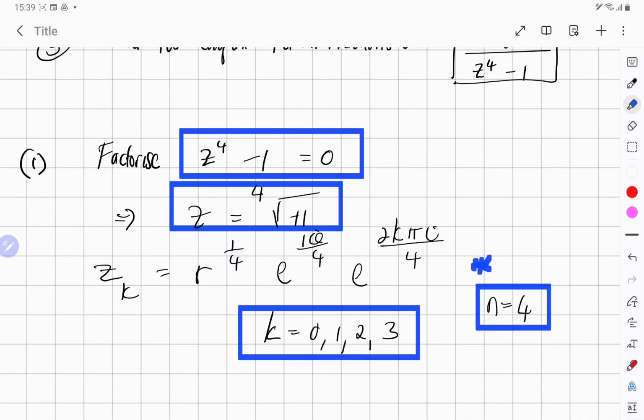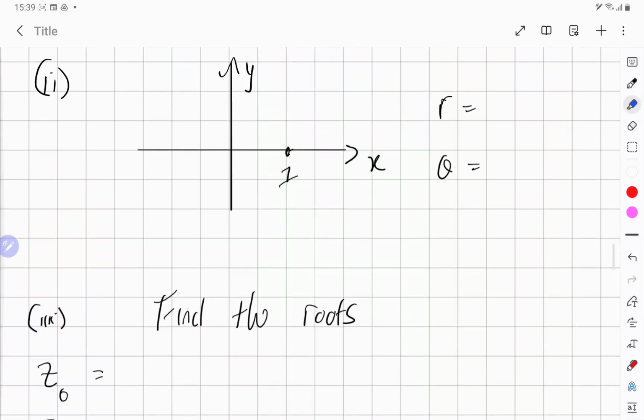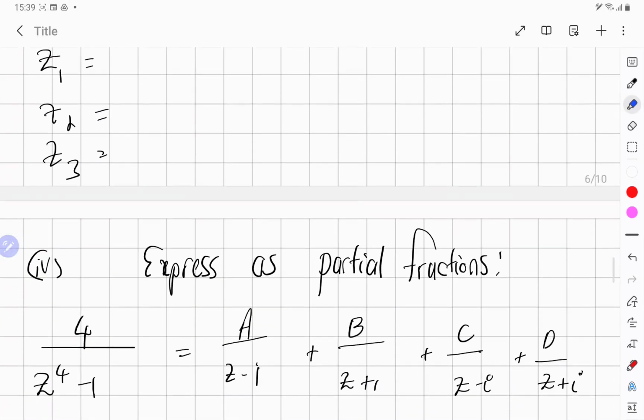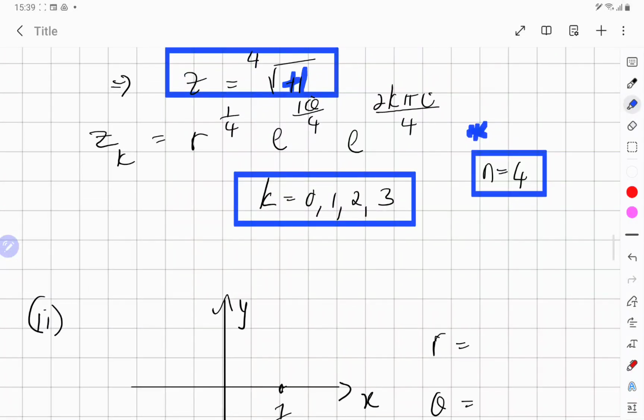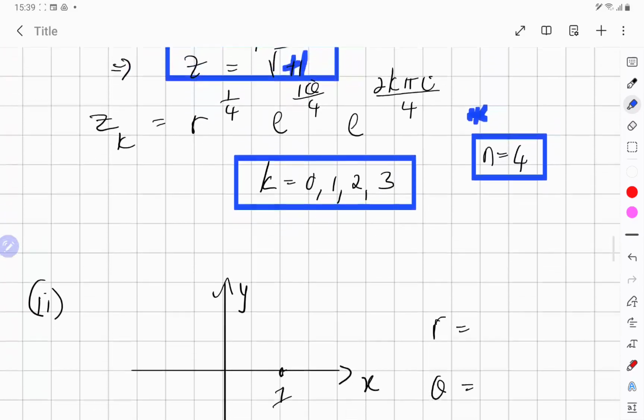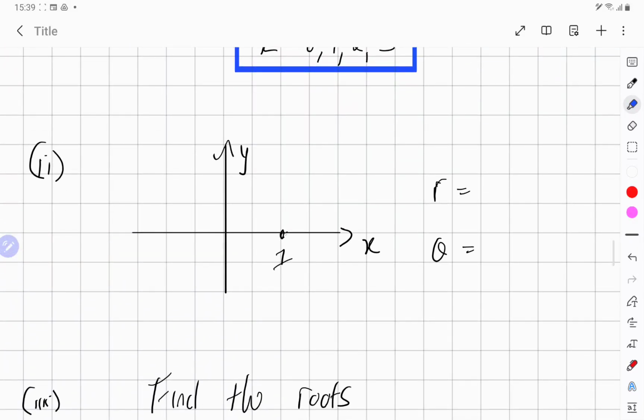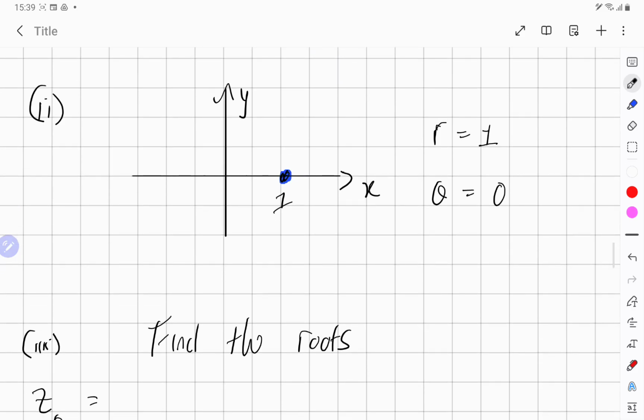You're finding the 4th root of 1. Remember I said a common pitfall, students do not take the inside. Now where do I sketch 1? Remember from the previous video, it's just on the positive x-axis. On the positive x-axis, I know the radius will be 1 and my theta will be 0.